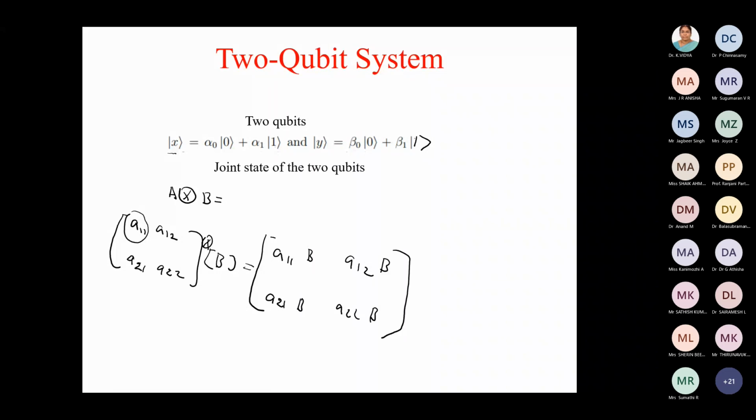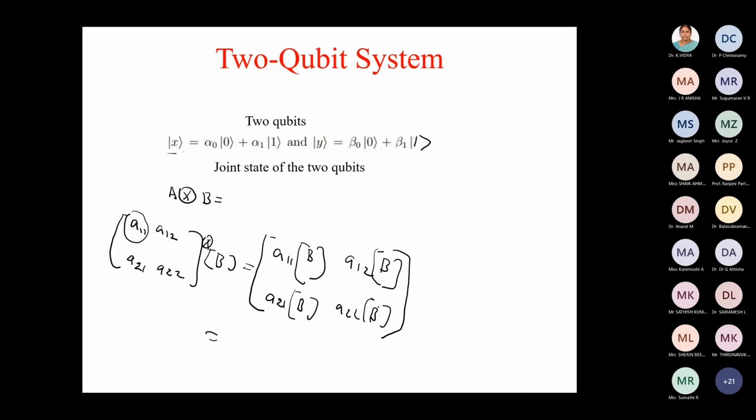So what have we understood by tensor product? Each element of the first matrix A is multiplied with the entire matrix B. Here the first element, second element, third element, 4 elements are multiplied by the B matrix. If B is a 2 cross 2 matrix, you will be replacing that matrix here. And if it's a big matrix, you will be multiplying with that.